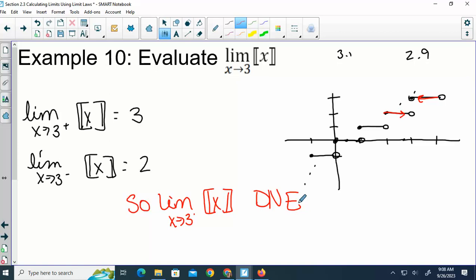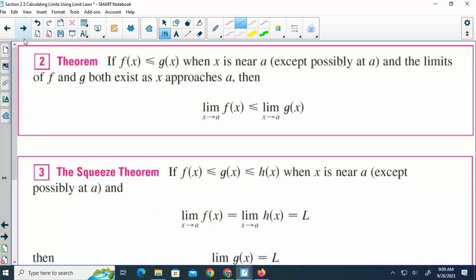Last thing that I want to talk about today is what's called the squeeze law. It's something we can do when we have a nasty function that we can't evaluate any other way. When we are looking at limits, it is true: if you have a function that is always less than another function.